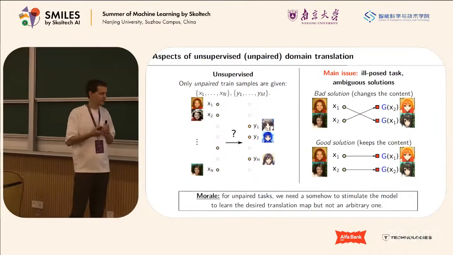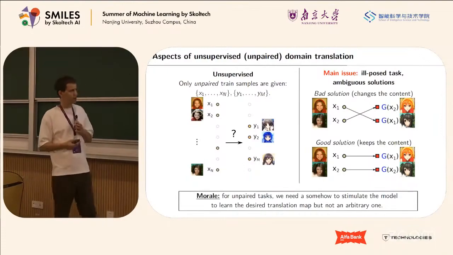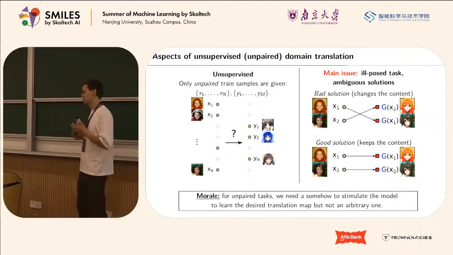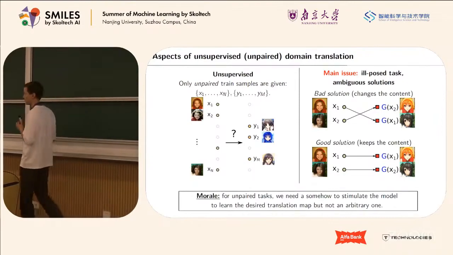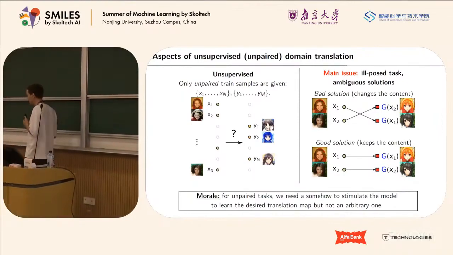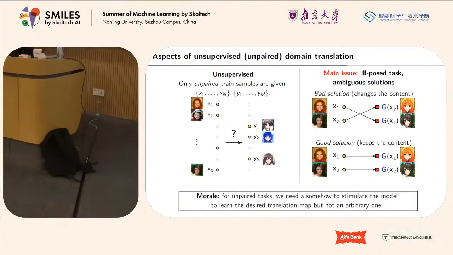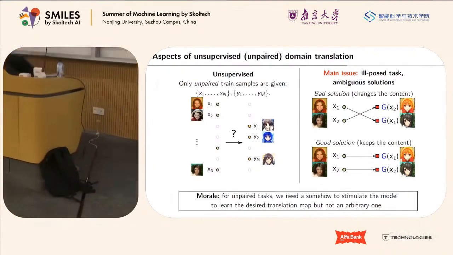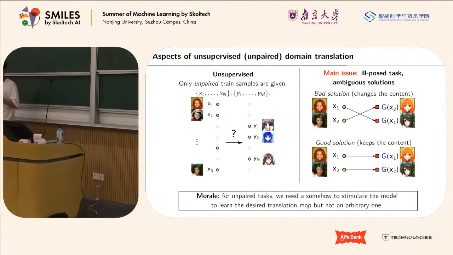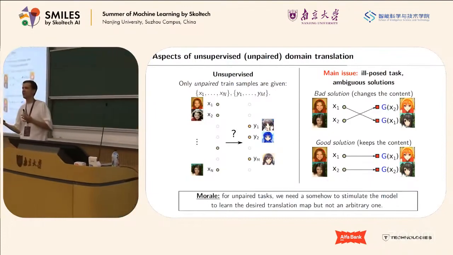For example, this model case shows some problems which appear in unpaired domain translation. For example, technically, this domain translation is indeed a translation between two probability distributions.